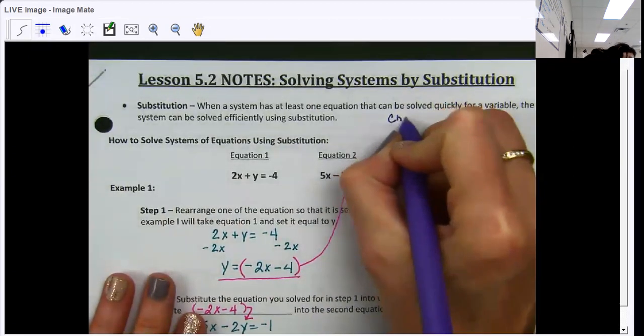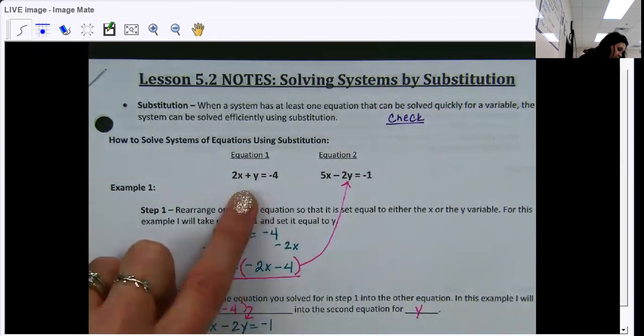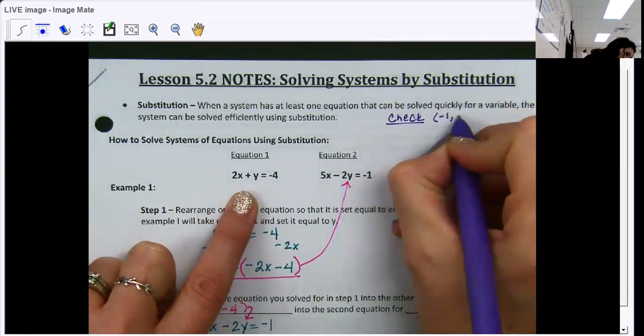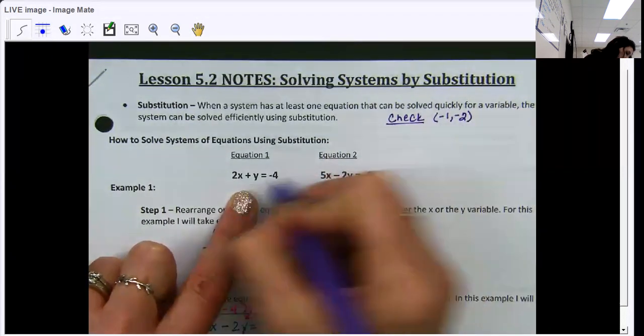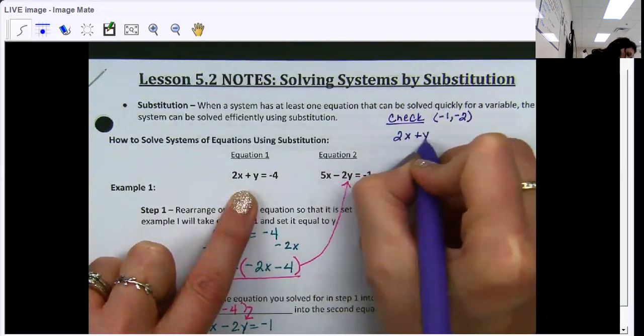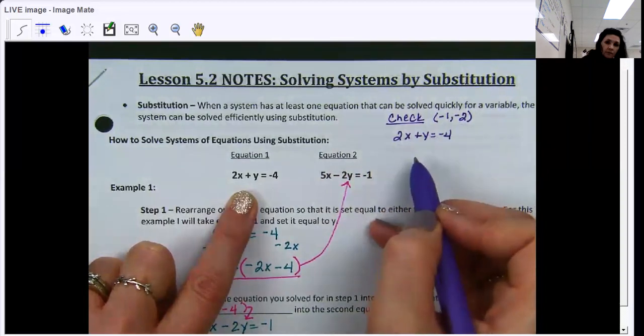So here's my check. My solution down at the bottom was -1, -2. So I'm going to take my first equation and plug in, and see if it's true.